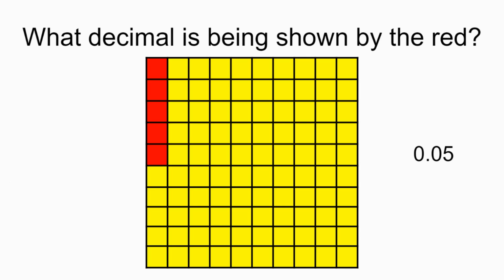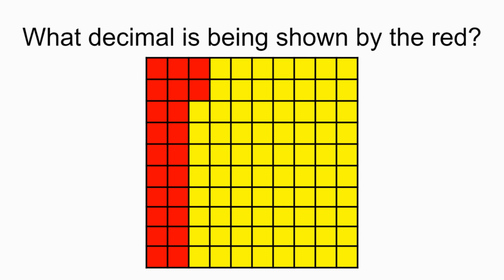So 5 out of the 100, 5/100. What decimal am I showing you here? And you could count the cubes, or you could realize that 2 full columns are shaded. And if each column is equal to a tenth, then 10 plus 10 plus 2 is 22. So 22/100 are being shaded.